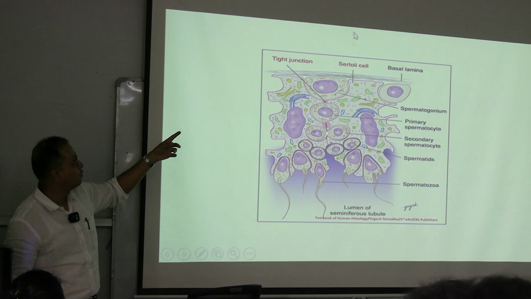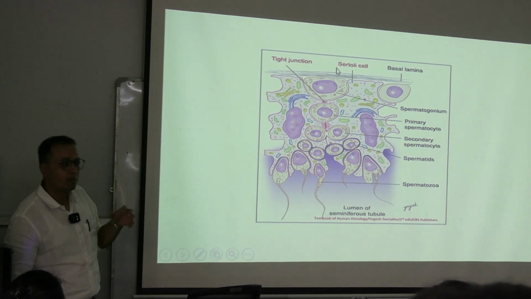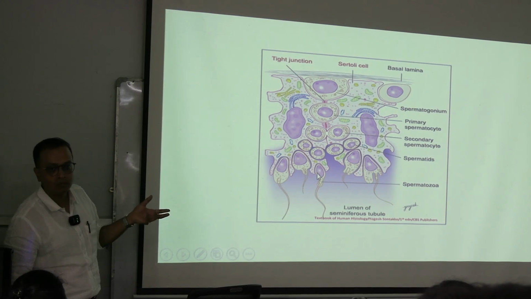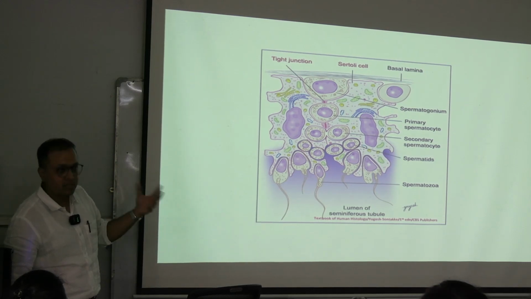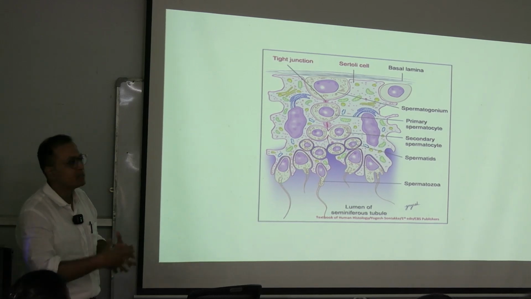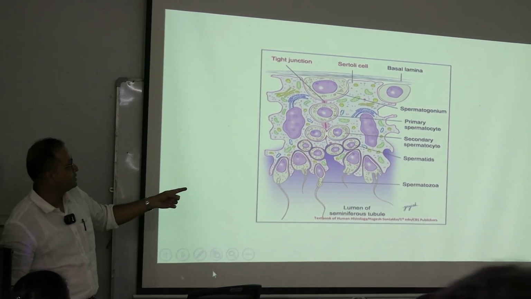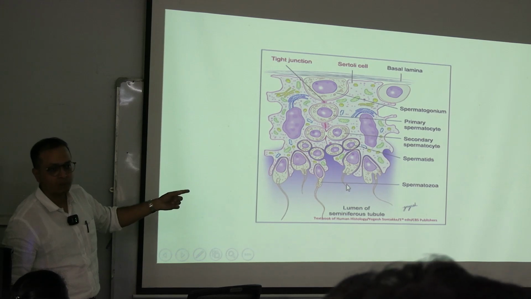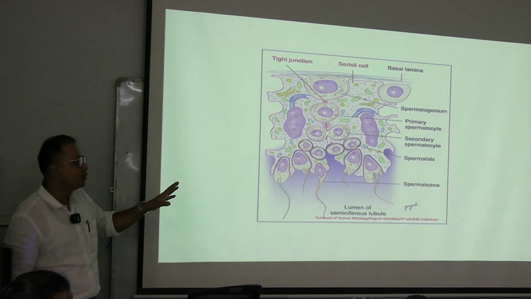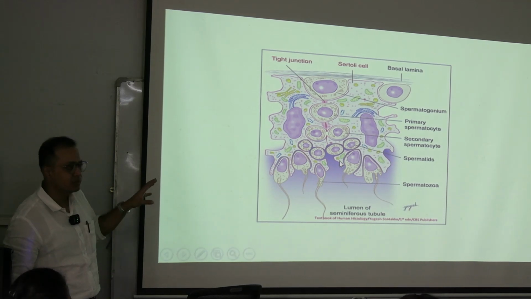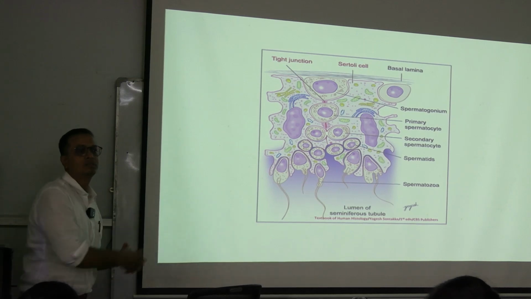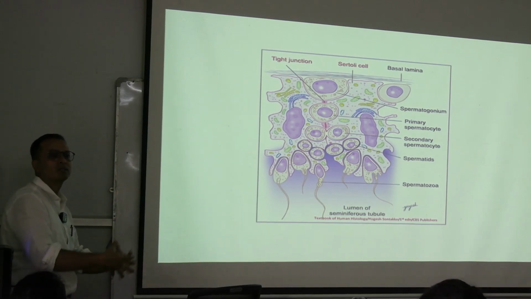Now if it is exposed to the blood system, the body will sense these spermatids or spermatozoa as foreign bodies, and they will be destroyed because of the phagocytosis by the cells which are present. Now if we have this destruction of the spermatogonia, spermatids etc., the species cannot be produced. So that's why we have to keep this environment secret so that blood exposure cannot reach this microenvironment of the sperm production house.